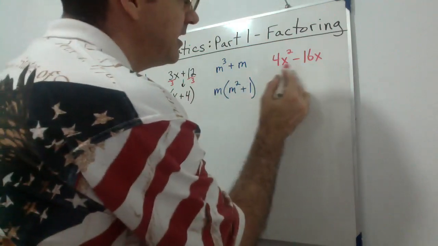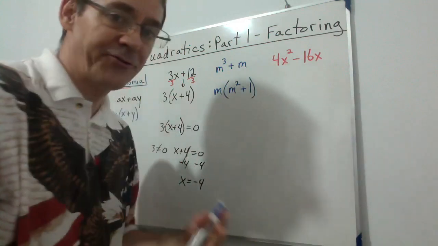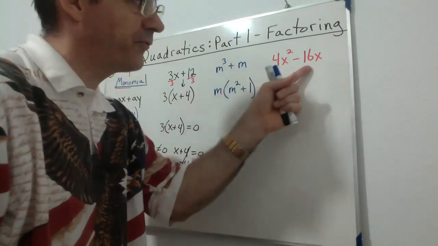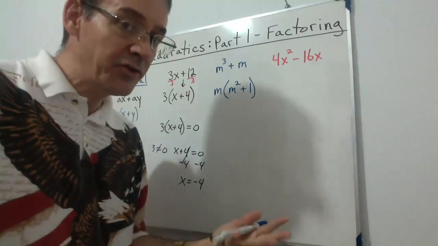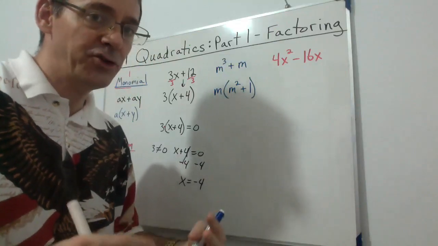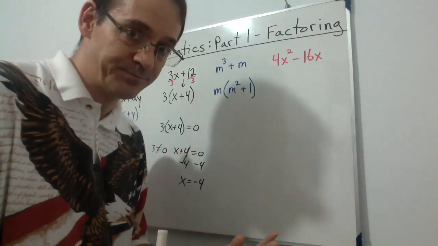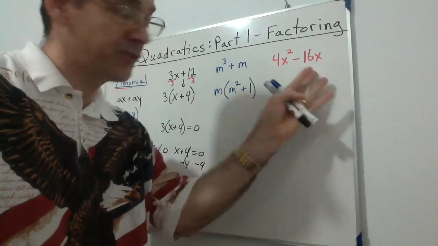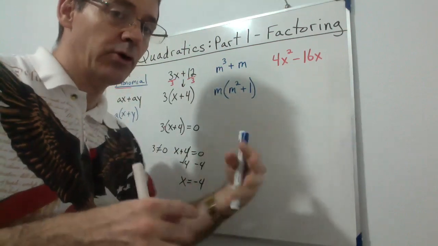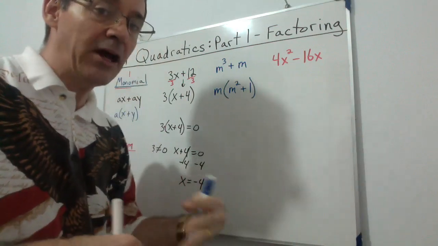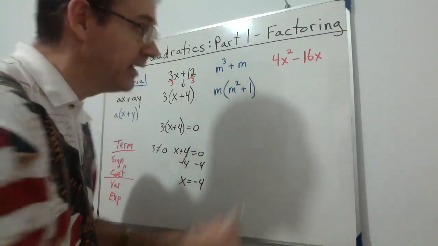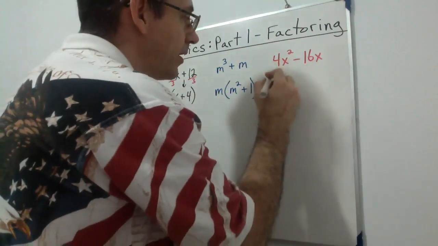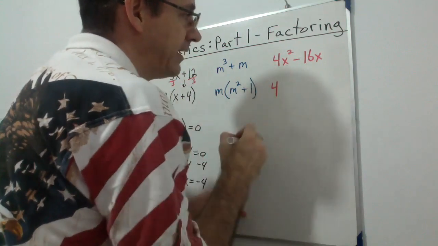So I see that we can take out a 4. 4 divides into 4, 4 divides into 16. Notice 2 divides in as well, but 2 isn't all that I can take out. So don't settle for 2 because it will complicate it later. Take out everything you possibly can. So we want to divide out 4, the biggest number.